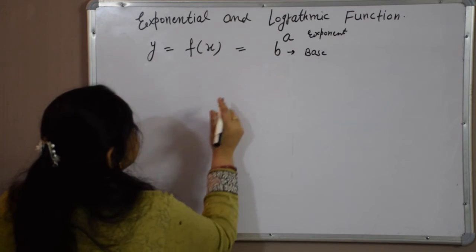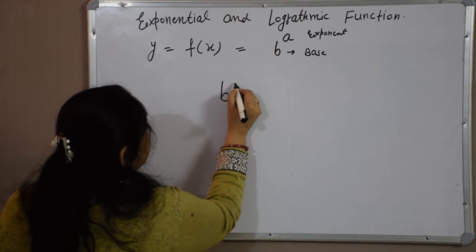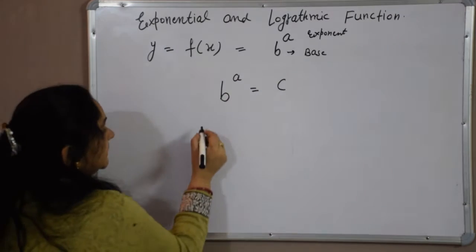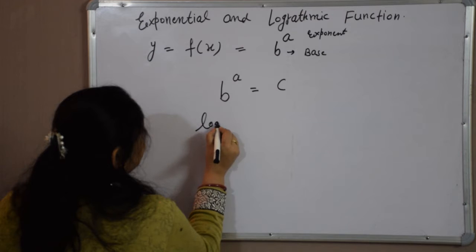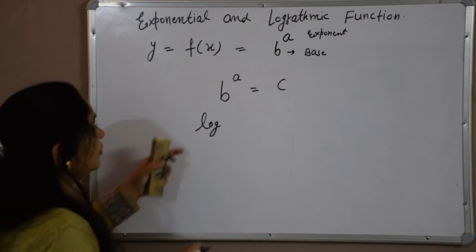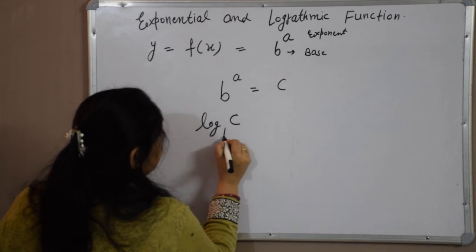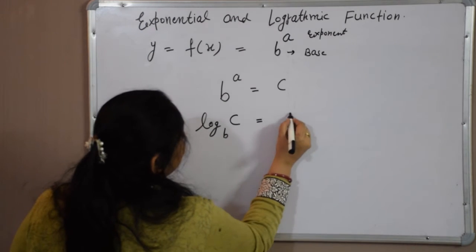Suppose I have some exponential function b raised to power a is equal to c. Then how can I write it in the form of log? Log of c to the base b is equal to a.